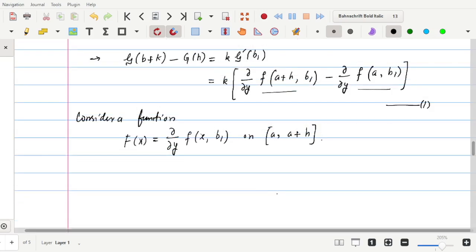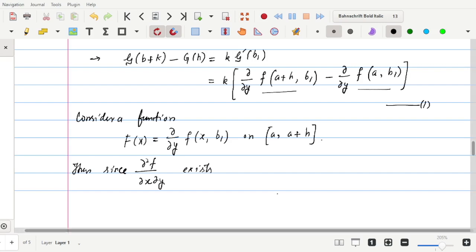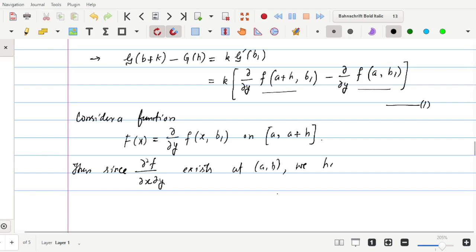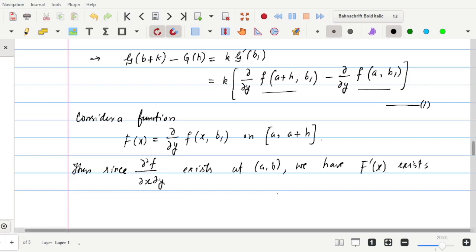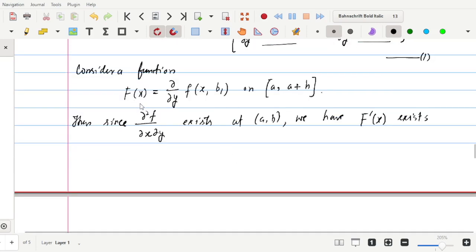Now if we take the derivative of this F, it will be the second order derivative of this small f. Since del square f by del x del y exists, we have this F dash of x exists. Therefore, we can apply Lagrange's mean value theorem to the function F of x.